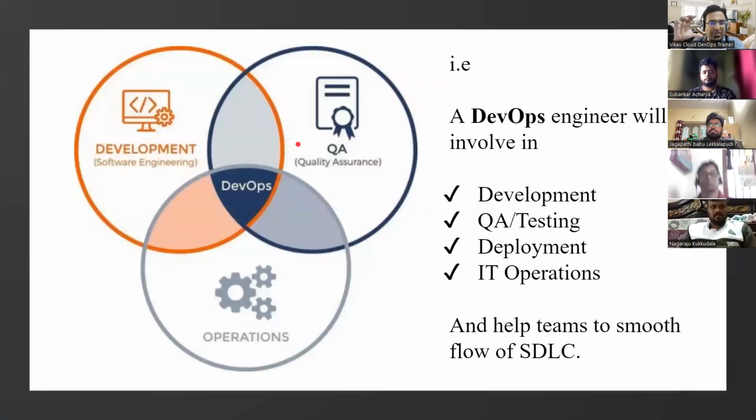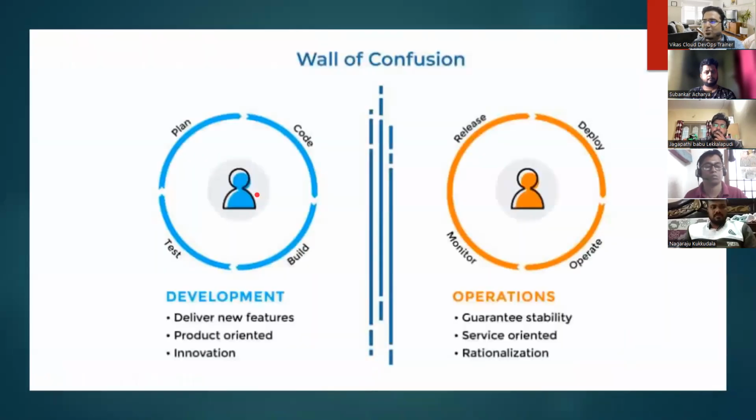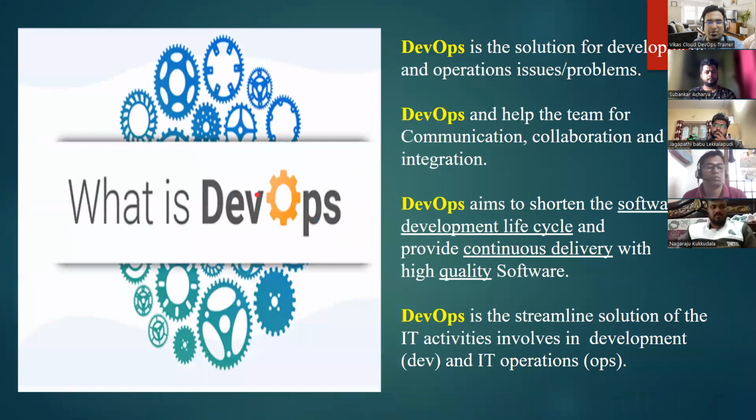Everything with automation, with the help of tools, we are providing help or support to them. That's why the DevOps team is a centralized team who has to be a little bit aware about development, a little bit aware about QA, and a little bit aware about operations. Because of these different people with different knowledge, the new team has been created. That is the DevOps team. As well, we have discussed a lot of definitions of DevOps.